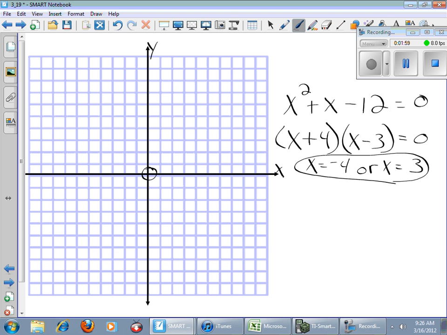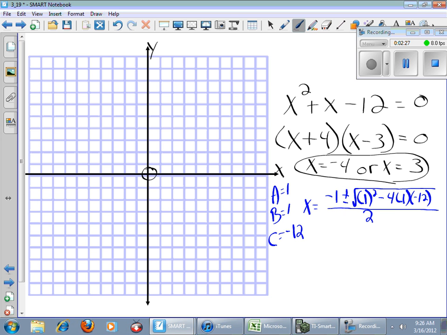Let me solve it quickly by the quadratic formula. I'll do that in blue. A is 1, B is 1, C is negative 12. So x equals negative 1 plus or minus the square root of 1 squared minus 4ac, and that's all over 2a.